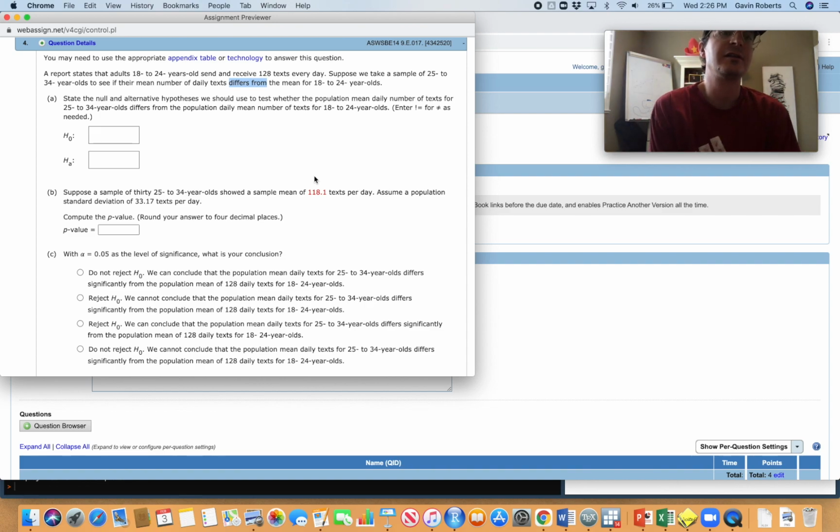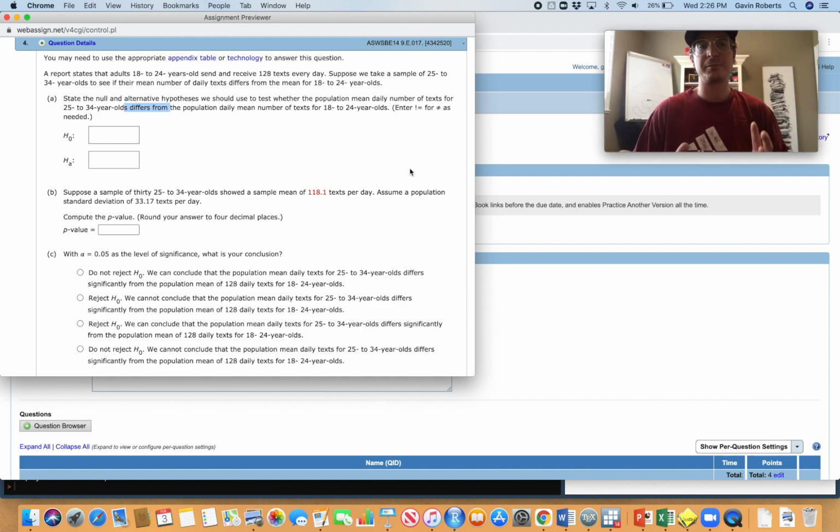State the null and alternative hypotheses we should use to test whether the population mean daily number of texts for 25 to 34-year-olds differs from the population daily mean number of texts for 18 to 24-year-olds. Enter != for not equals as needed.